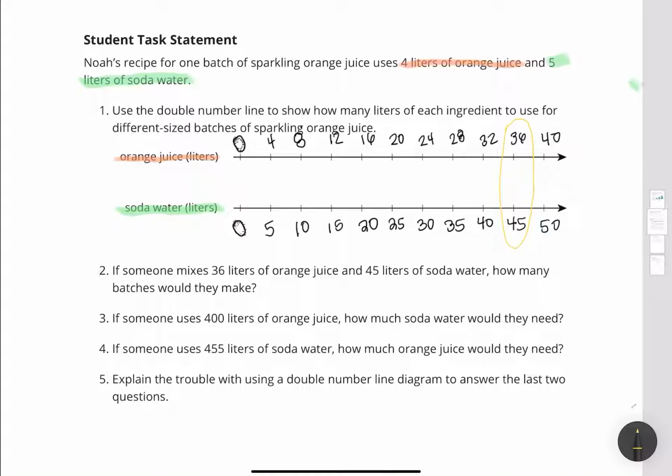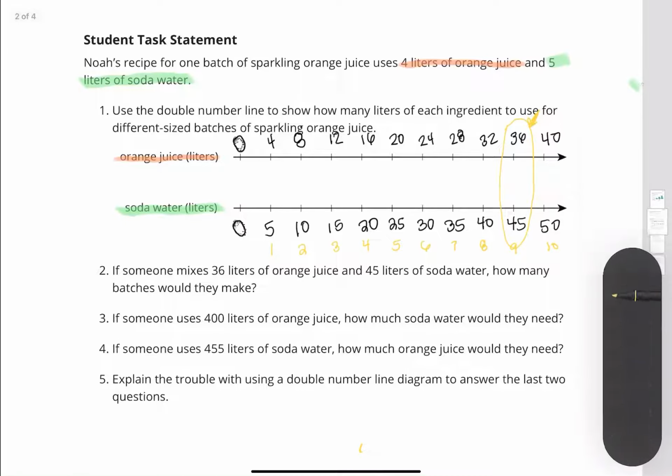Okay, so let's count. All right, this is 0 batches. This is 1 batch. This is 2, 3, 4, 5, 6, 7, 8, 9, 10. So when I get to this mark, with the ratio where it says 36 liters of orange juice to 45 liters of soda water, it is 9 batches.